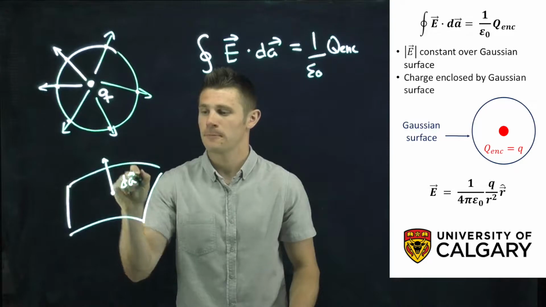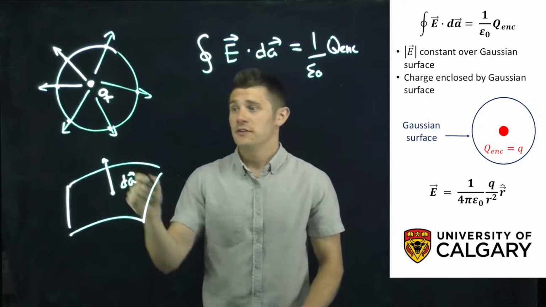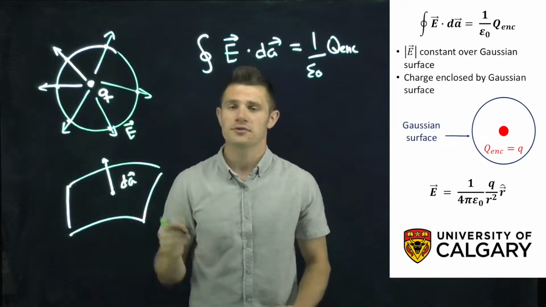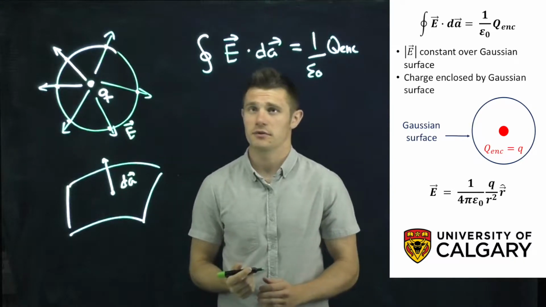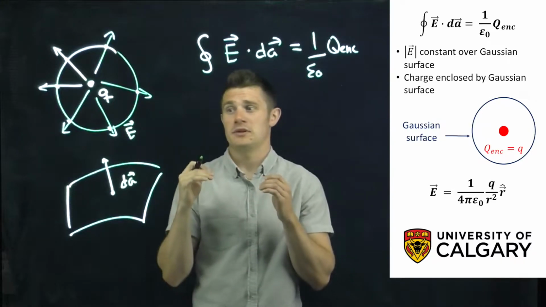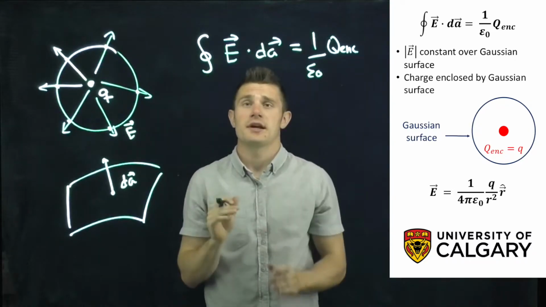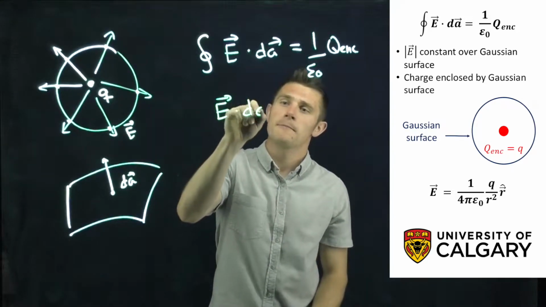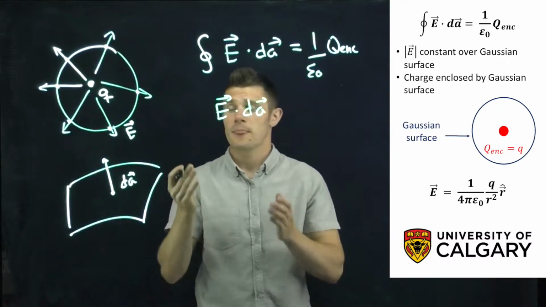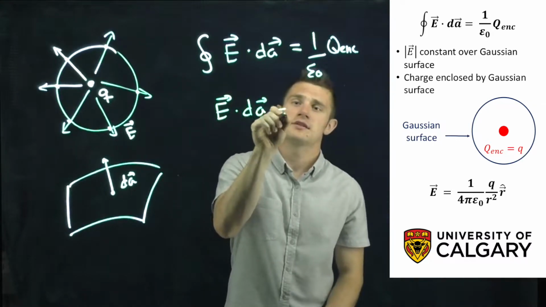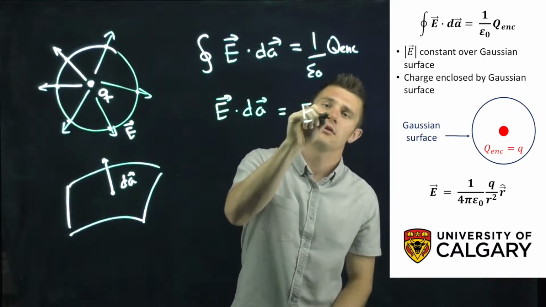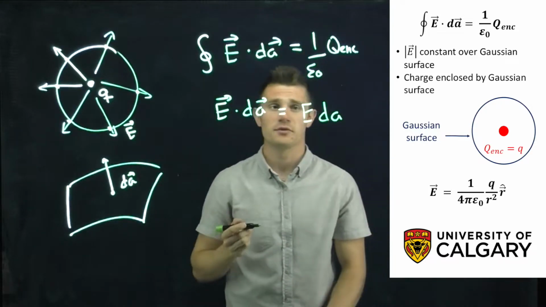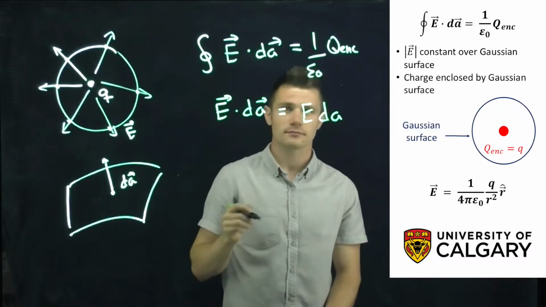Now we remember that the electric field, E, is also radial at all points around this Gaussian surface. This is going to be a massive simplification for us, because the dot product of two vectors that are parallel at all points is simply the magnitude of these two vectors multiplied together.